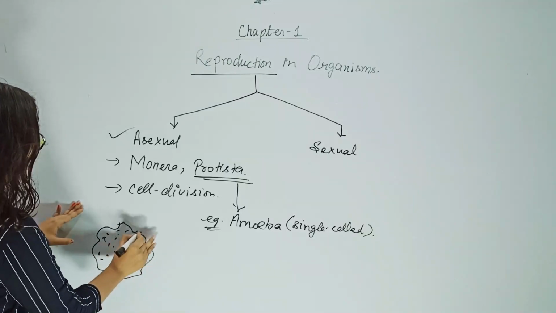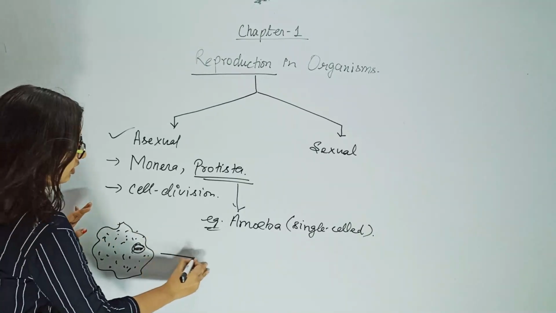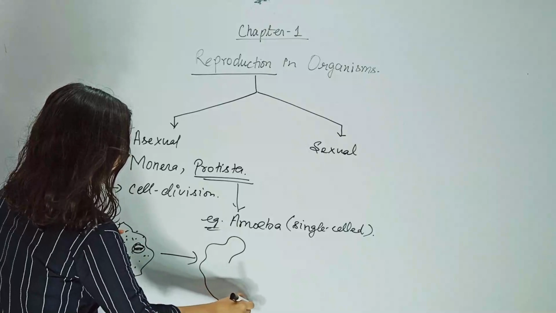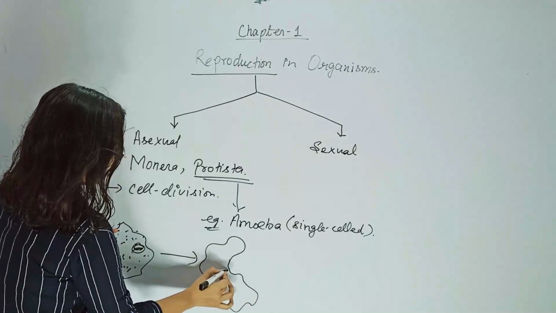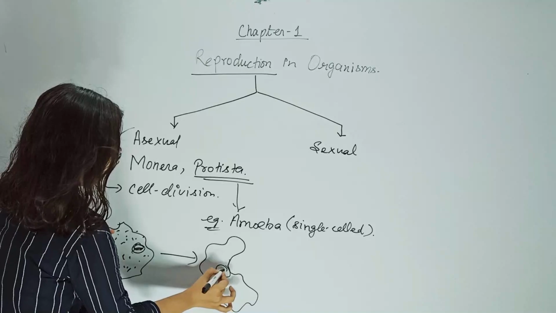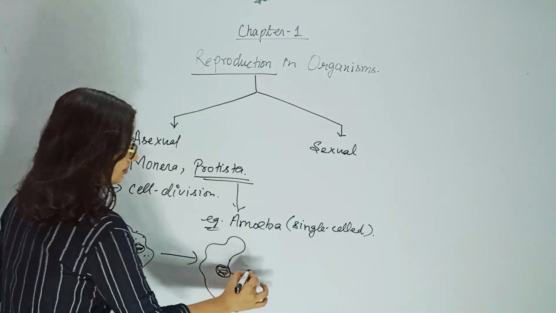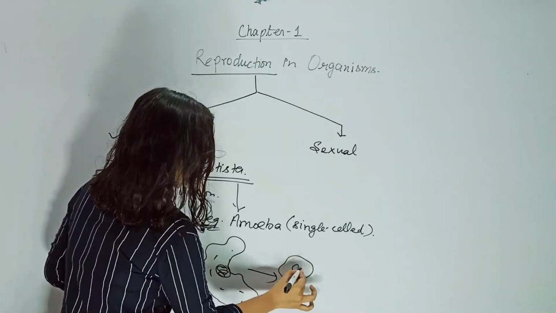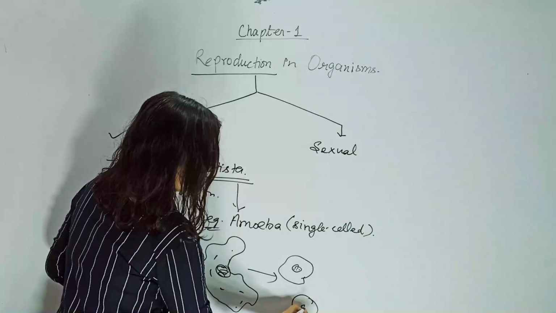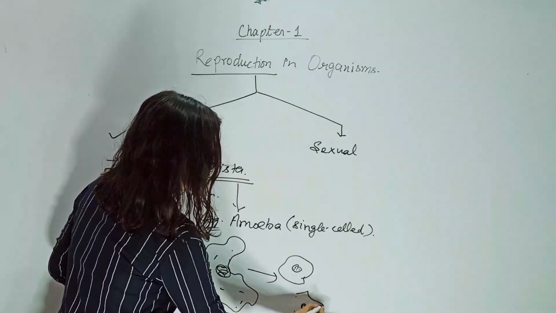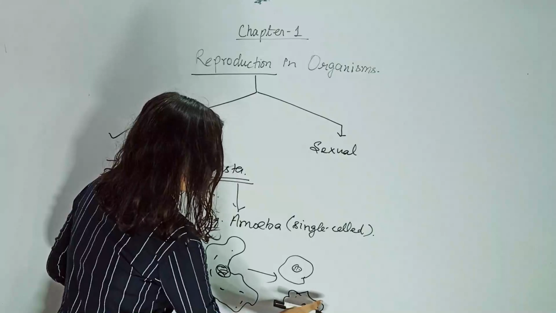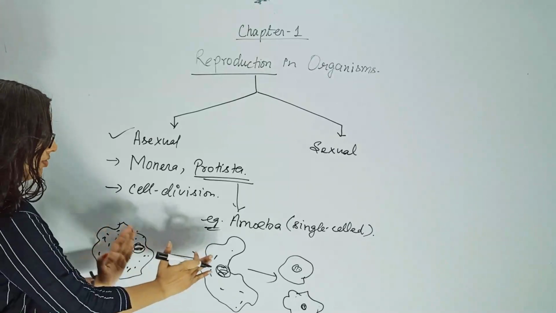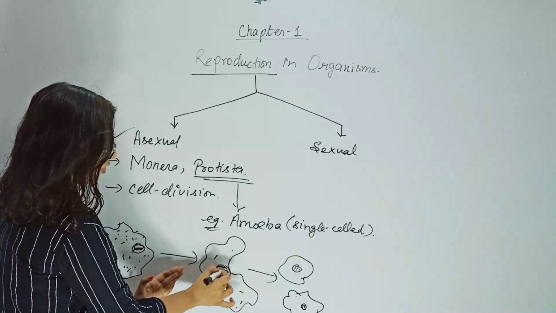So when this amoeba gets older, it will simply divide its cytoplasm, and also the nucleus. So two amoeba are formed from one. So there was one amoeba, then it undergoes the cell division from here.